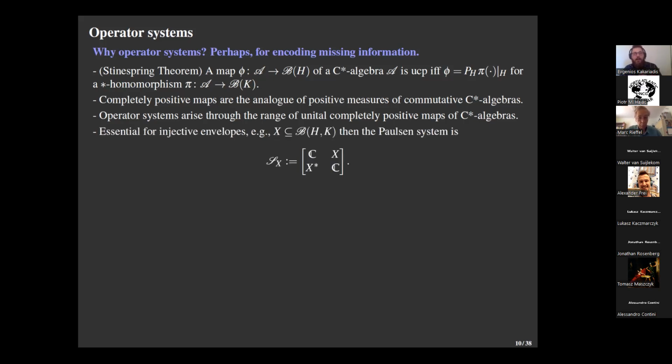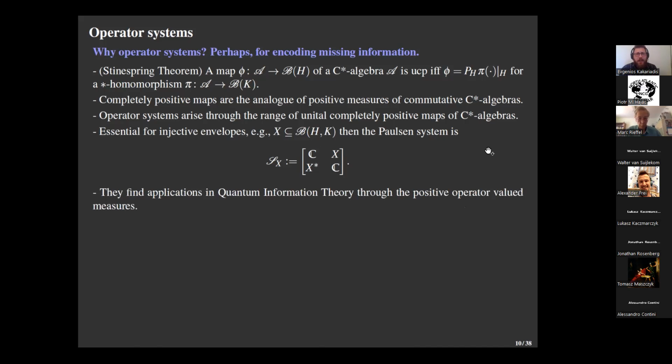Also, I commented about the Paulsen system. Whenever you have an operator space that may not have a unit, you create the Paulsen system and pass to the unital setting, where things tend to work a little bit easier. I'm saying that one reason for using operator systems is encoding missing information.